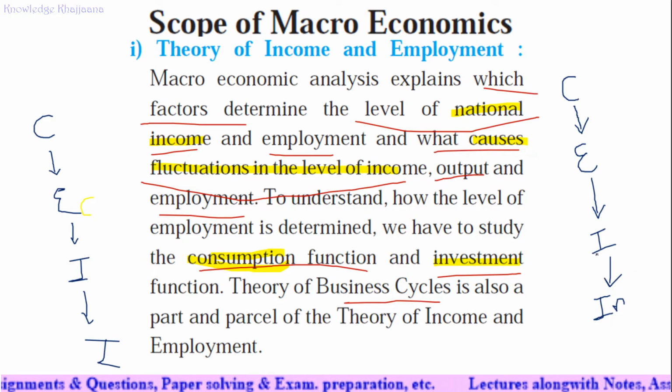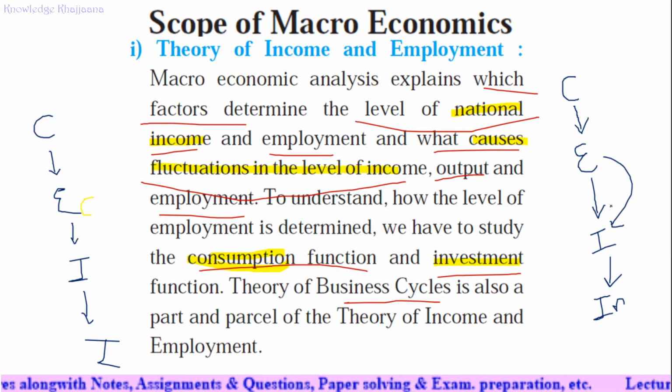So this theory also examines the interrelationship between income and employment. If employment increases, then the income will increase. It suggests policies to solve the problems related to these variables.